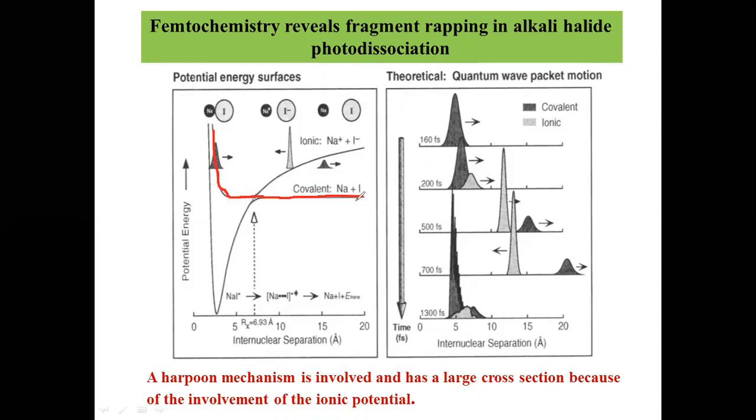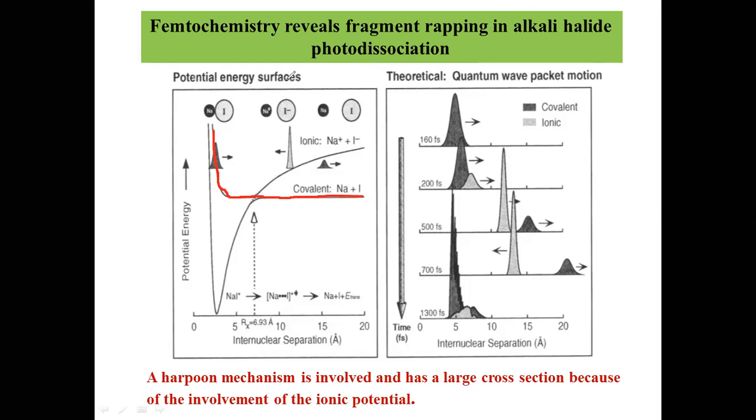Now when it comes closer, the ionization potential of sodium, meaning the outer shell electron, is very low, and the electron affinity of the iodine is quite high. When it comes closer, there is a point where this covalent character changes to the ionic curve.